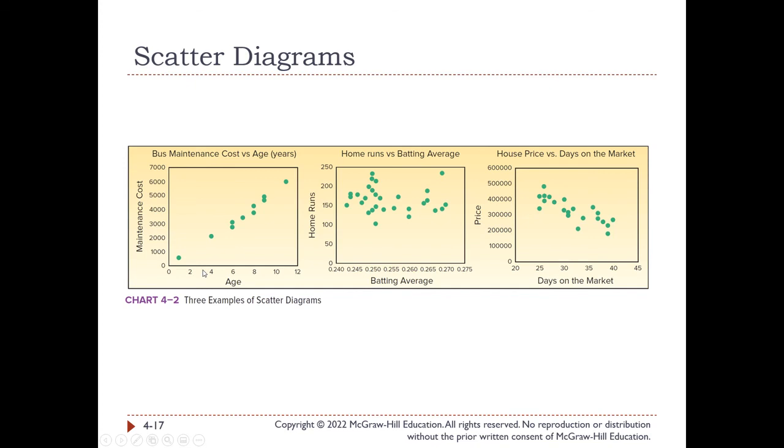Maintenance costs are dependent on age. Same here, batting average to home runs. Batting average is more independent, but home runs has to be dependent on the batting average. Days on the market: usually if we know house prices, the longer the days on the market, the more the price depends on that and decreases, because people want to sell that house.